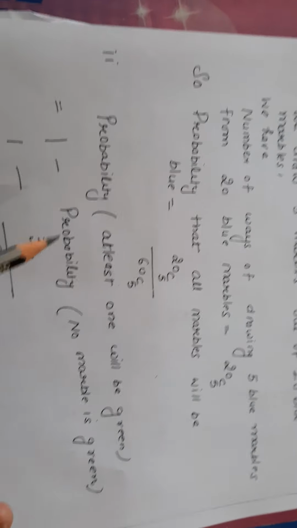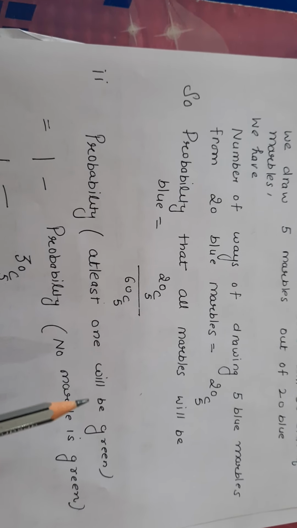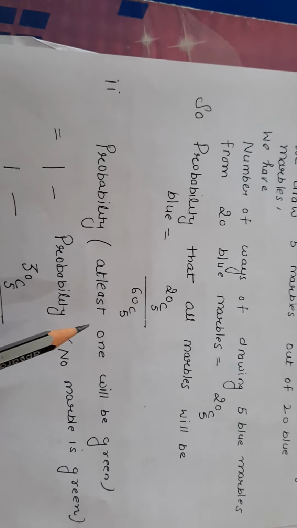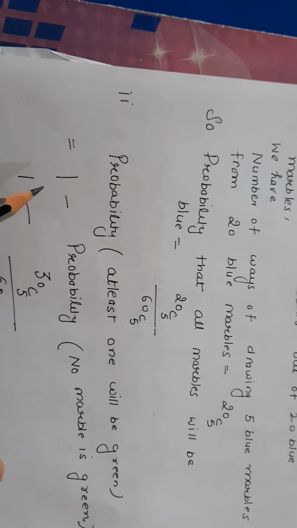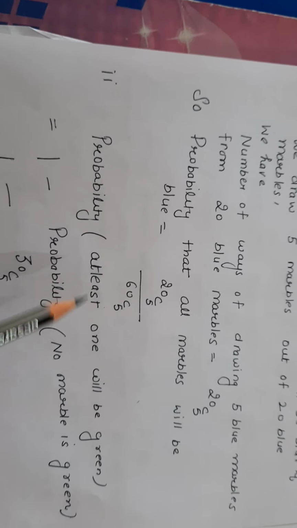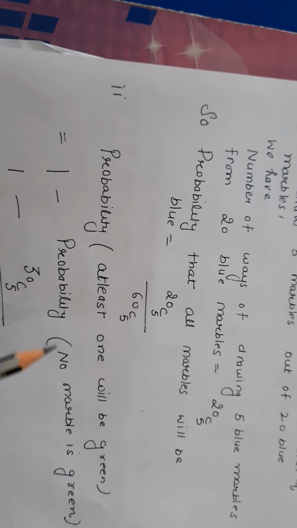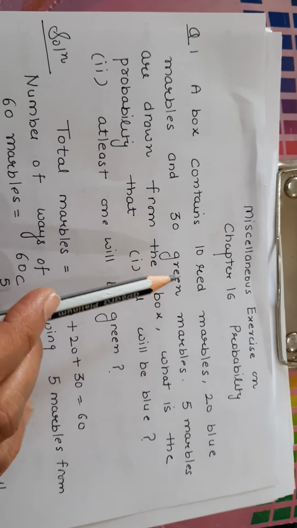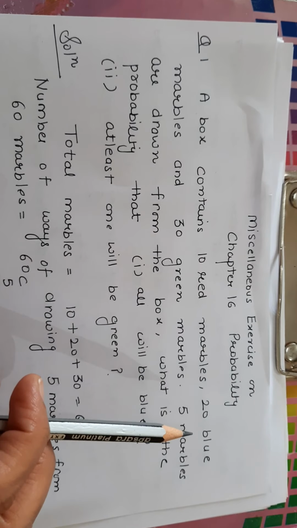The second part, probability at least one will be green. Now for solving the questions of type at least one, you will always do 1 minus probability. Here you have at least one will be green. This is probability 1 minus probability of no marble is green. Now other than green, we have 10 red plus 20 blue.